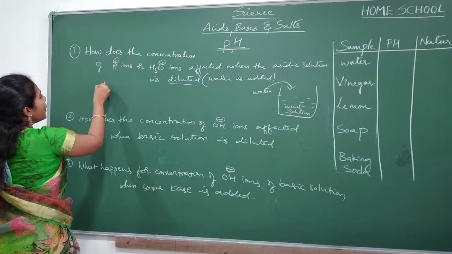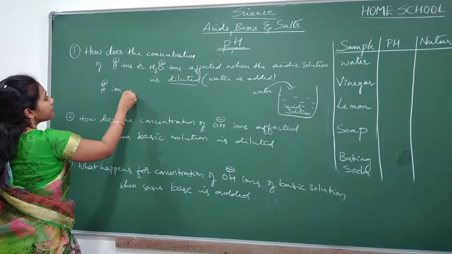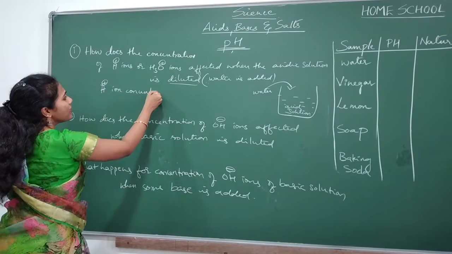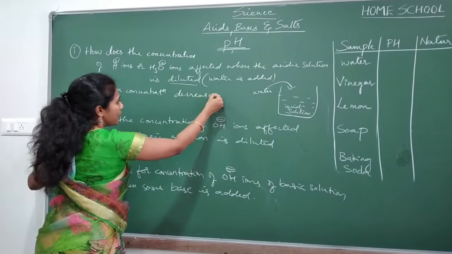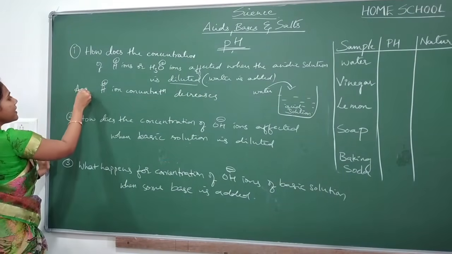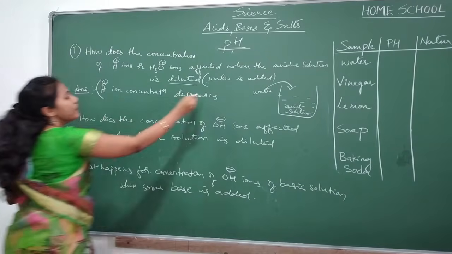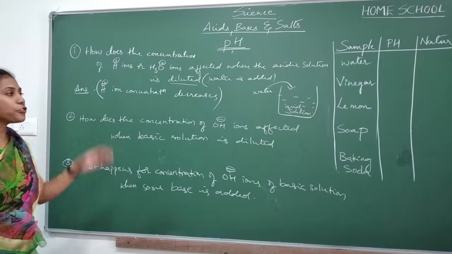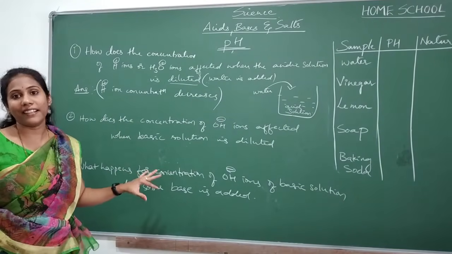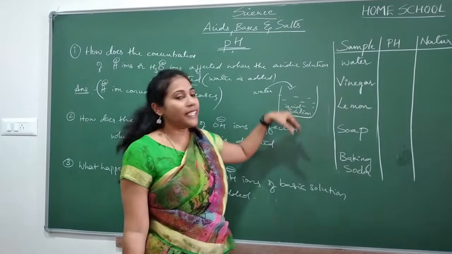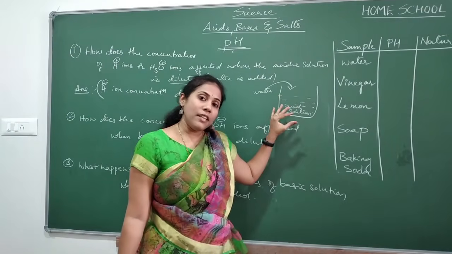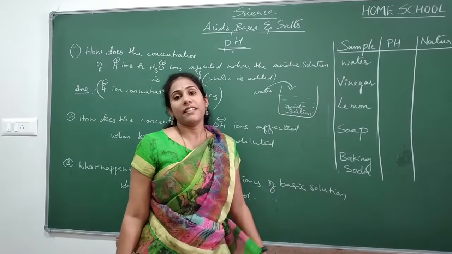H plus ion concentration decreases. This is your answer. Very, very important question. You should carefully think and write the answer. So whenever some water is added to an acidic solution, H plus ion concentration always decreases.